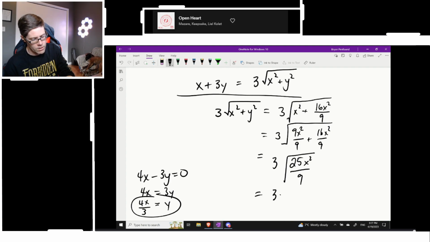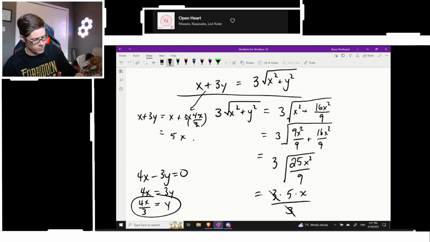Okay, so that gives us 3 times 5 times x, we're assuming x is positive, over 3. So we get 5 x's. I guess over here, if we start with x plus 3y, and we try to sub in our 4/3, we get plus 3 times 4x over 3, and we get 5x as well.